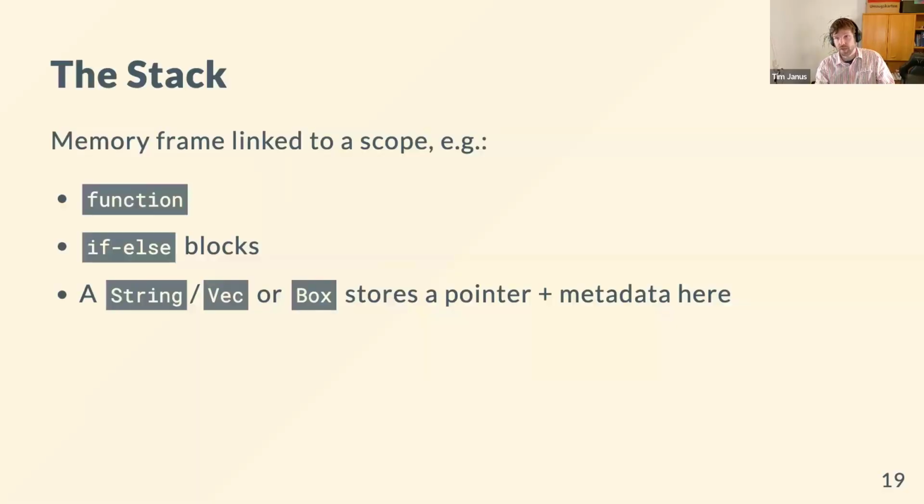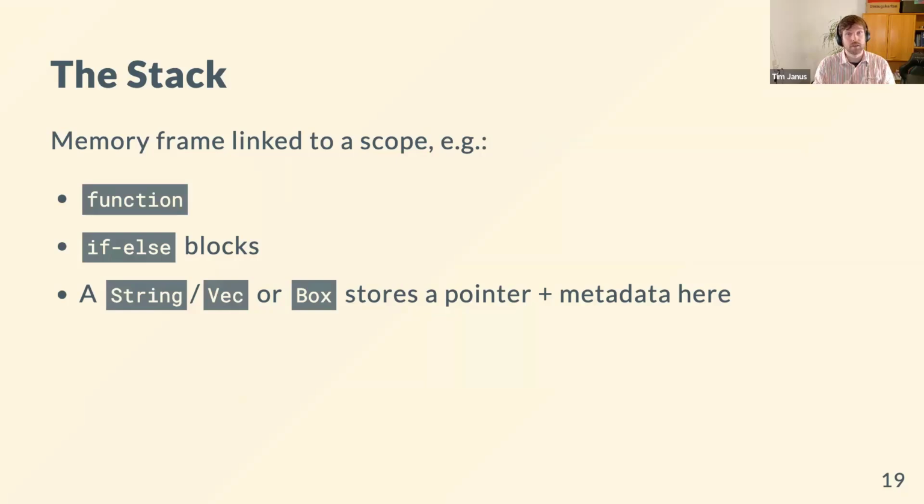Okay, so when we talk about memory, it is normally separated in the stack, and there you have several frames that are linked to a scope, like a function or if-else blocks.